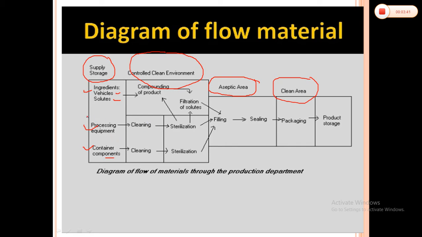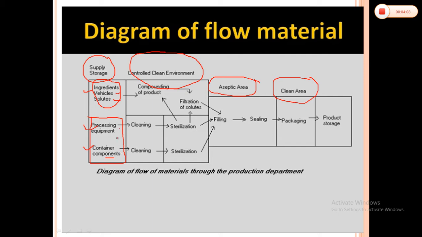Whenever we consider the processing equipments and the container components, these ingredients are already sterilized, or before they are utilized they pass through various quality control tests, and after complying with these tests they are accepted for formulating. But here it is regarding the processing equipments and the container components.